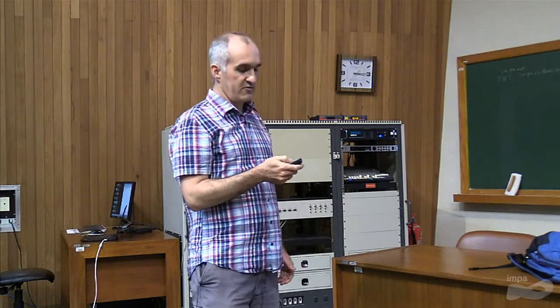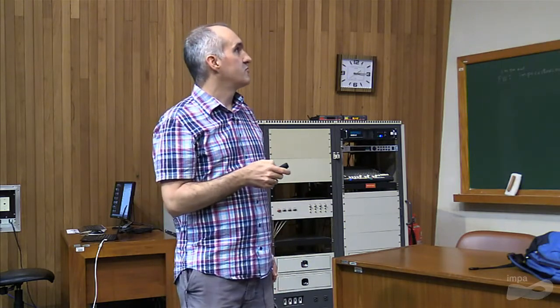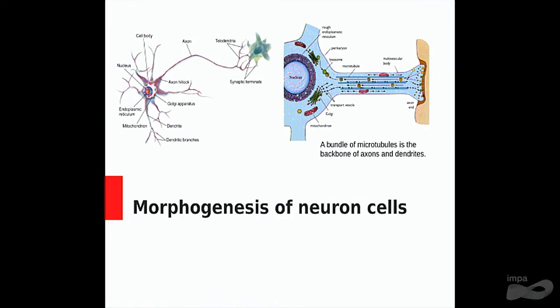In the first part of the talk, I want to present this project here, where we investigate morphogenesis in neuron cells. Neuron cells are the backbone of our nervous system. They have a cytoplasm with a nucleus, of course.